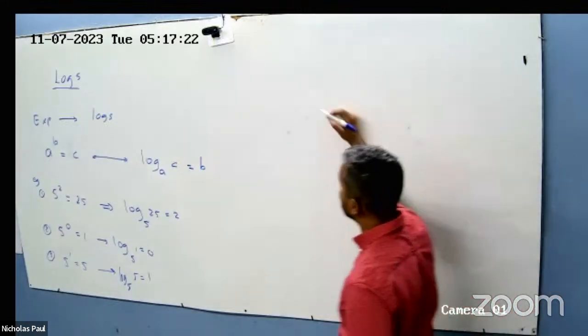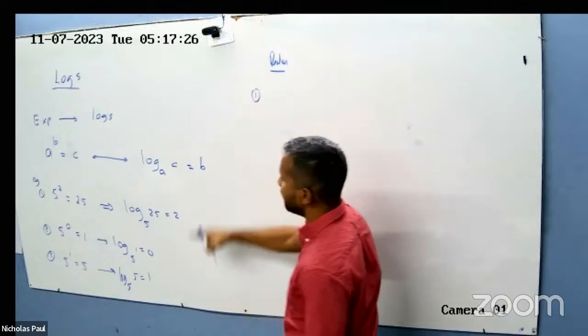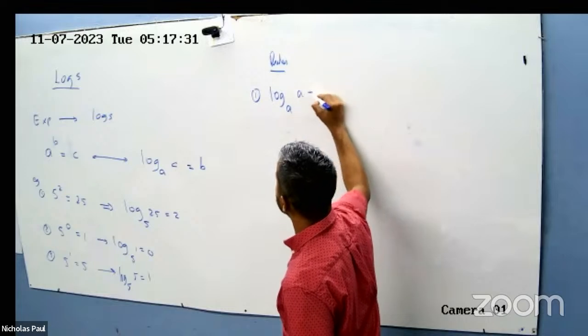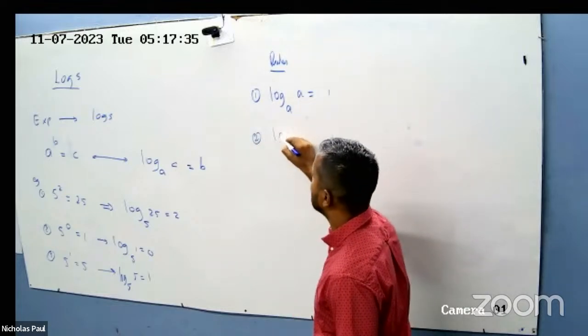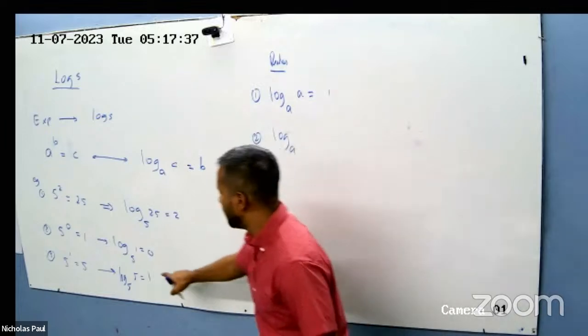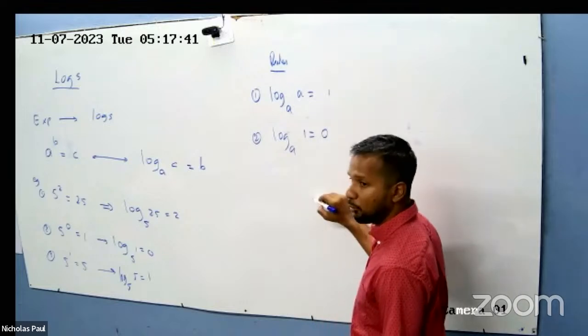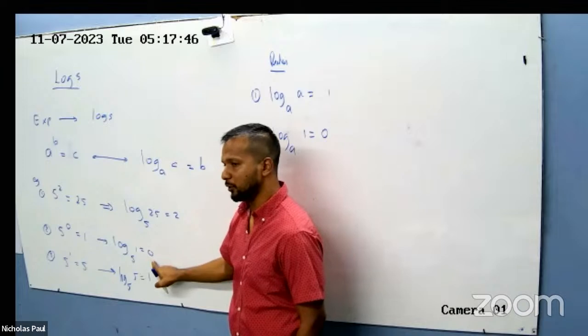Okay, so that brings us to some rules. Let's do the rules that we know already. Look at the last one. Log to the base a of a is always what? 1. Log to the base a of 1 is always what? 0. Log to the base a of 1 is always 0.